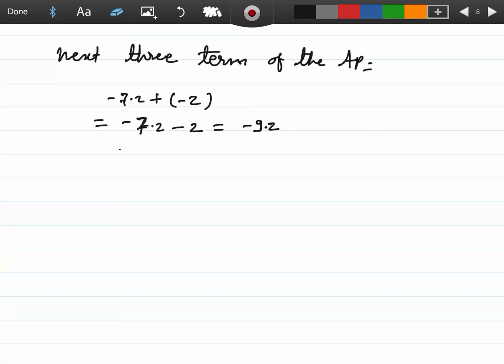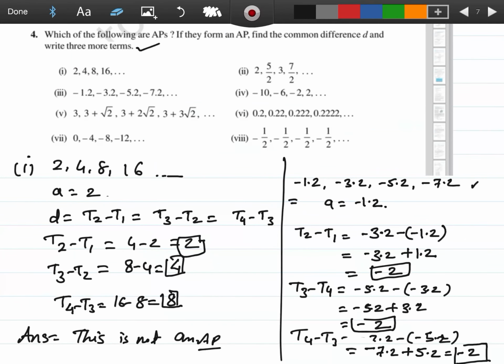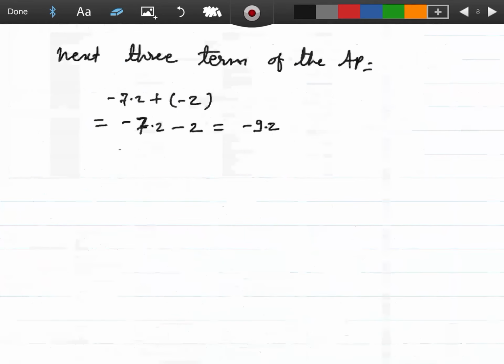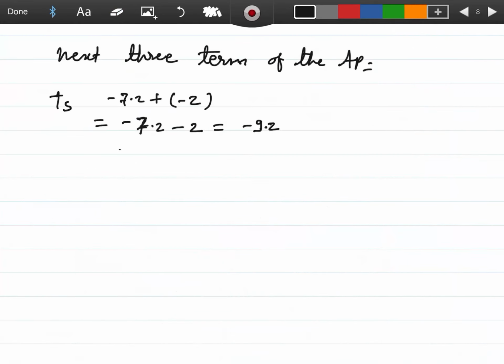Next three terms. This is our fifth term, T5. T6 will be the previous term plus the common difference. Simply we are adding the common difference to the previous term to get the next term.